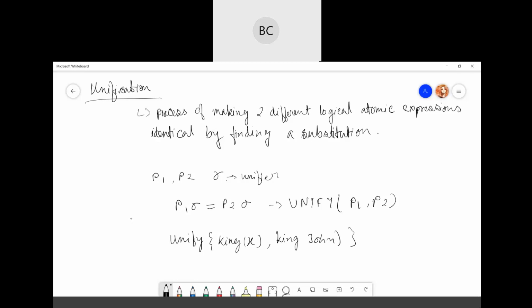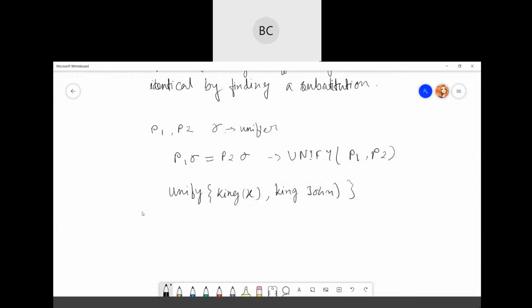Let's say P1 is King x and P2 is King John. We need to find a substitution.